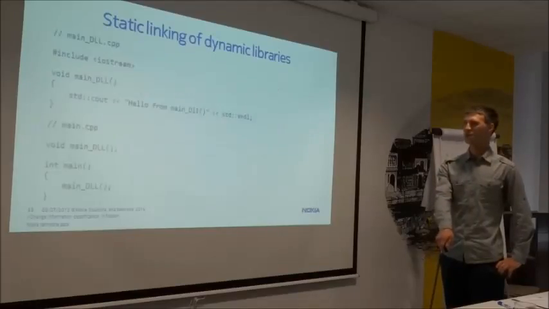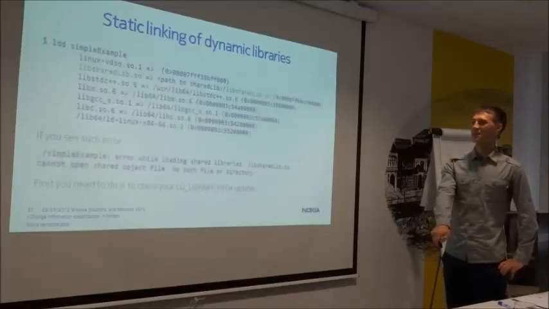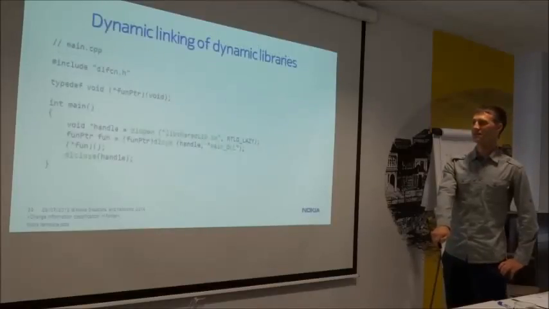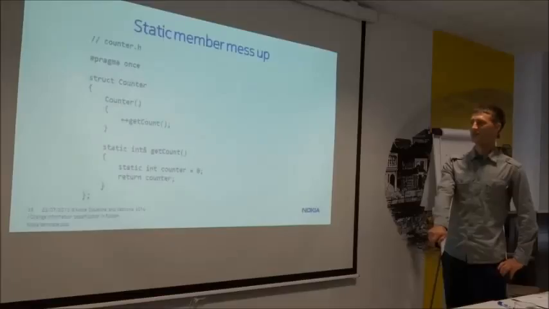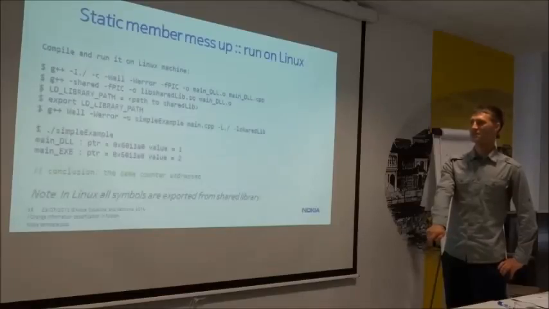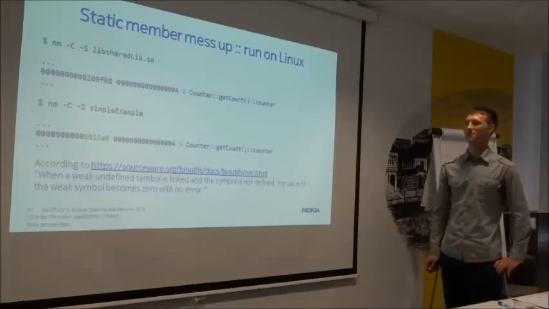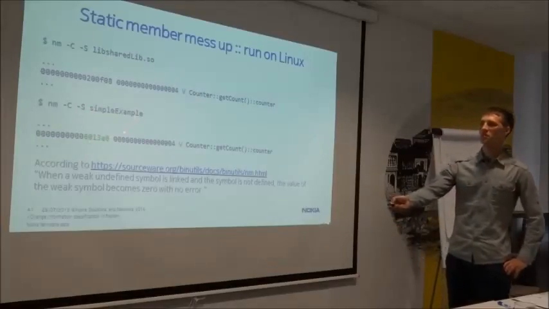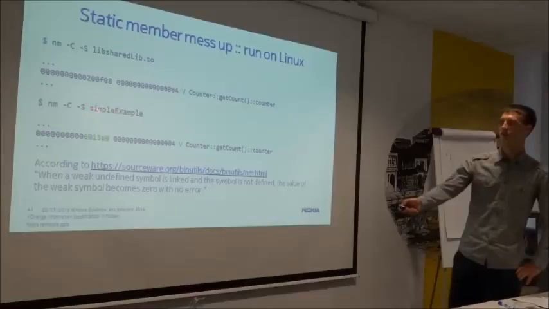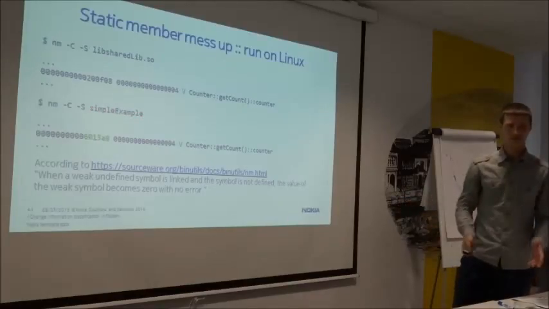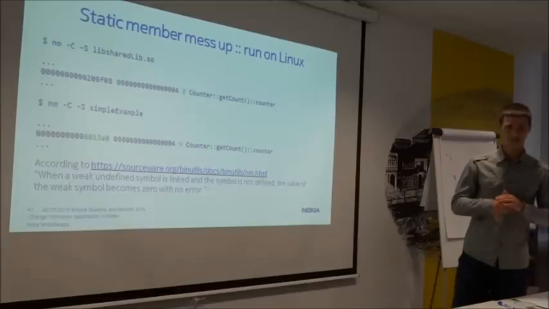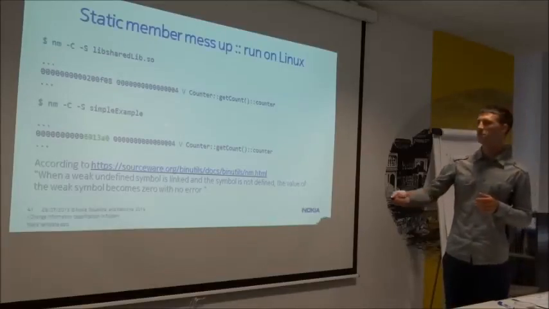Well, this is a good question, but how does nm know the address of the symbol counter? If you go back, yes, here. So simply, this comes from the simple example binary, right? Okay, so where does it come from? But this symbol is weak.